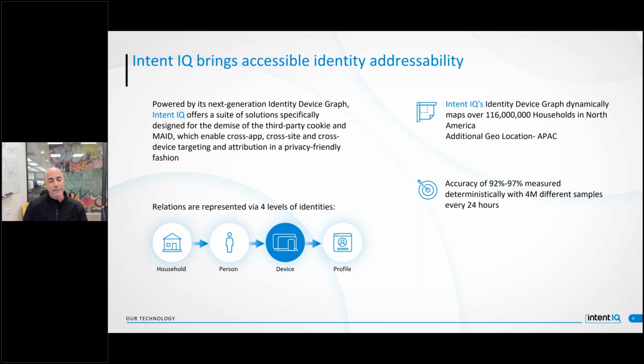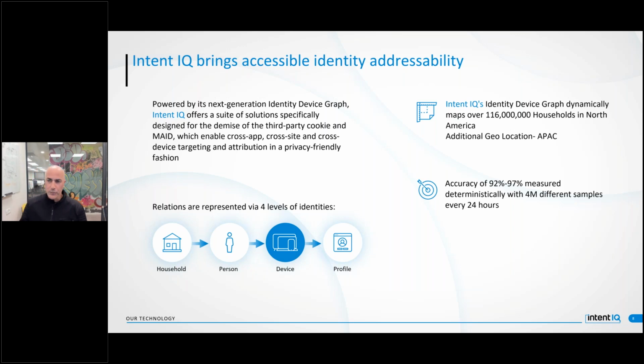It could have different browsers, it could have different in-apps, and each one of them represents a profile. A profile could be a set of first-party IDs, a set of IDFVs clustered together, but at the end they represent separate entities under a device.